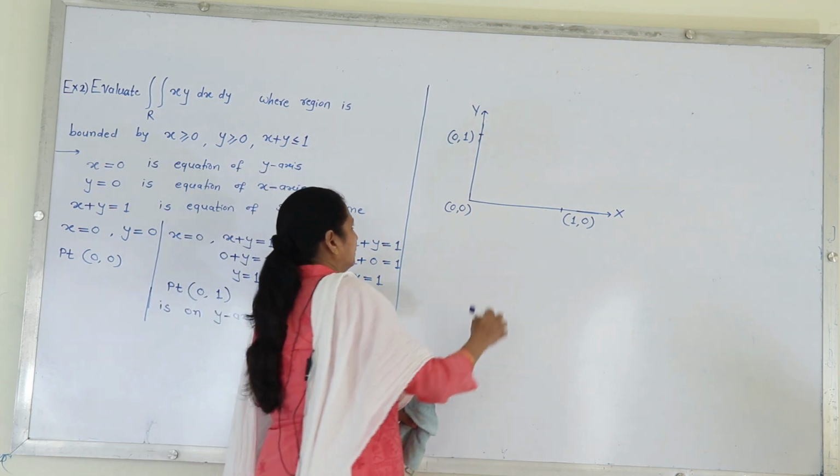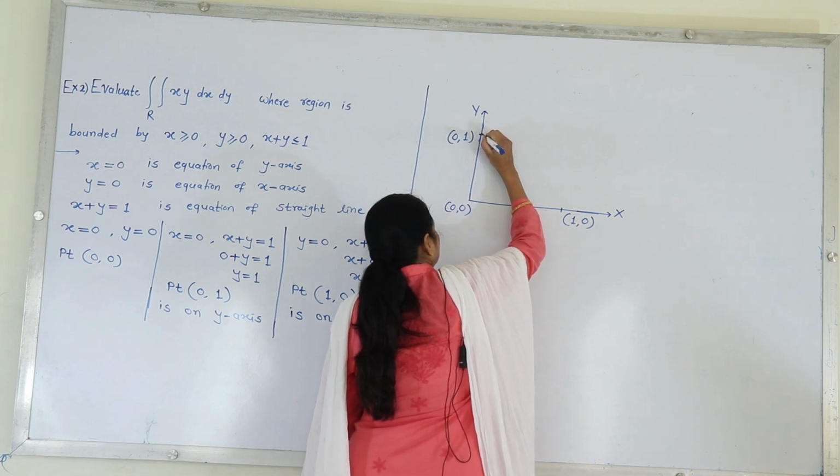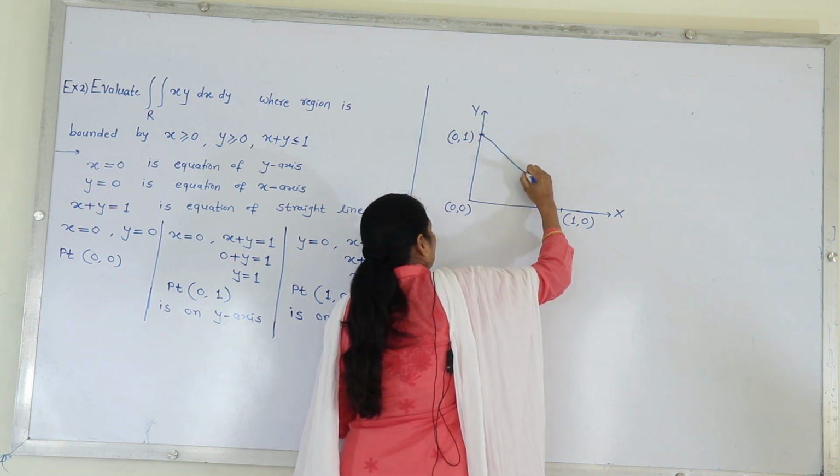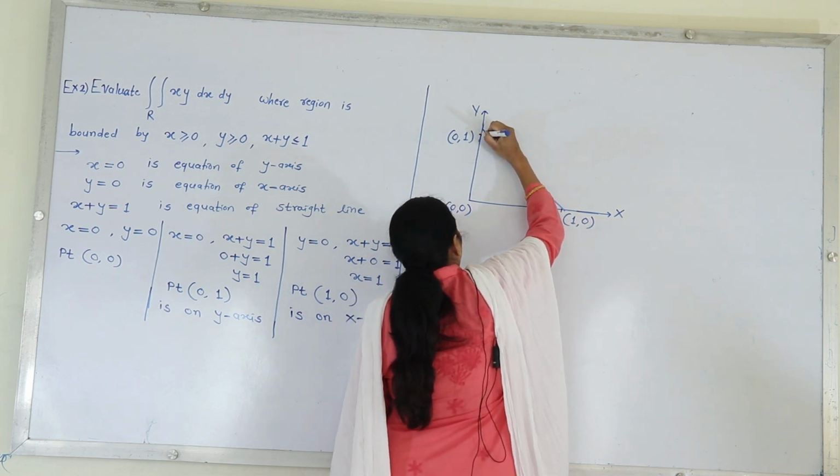Now join these two points, 0, 1 and 1, 0. Then you will get a straight line.